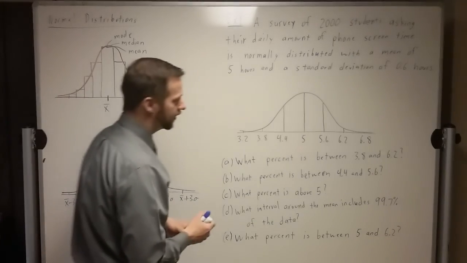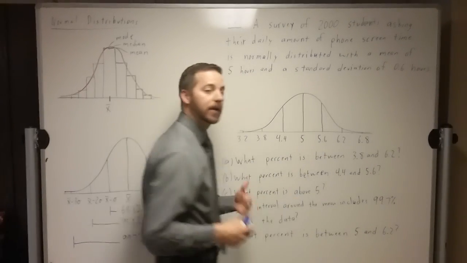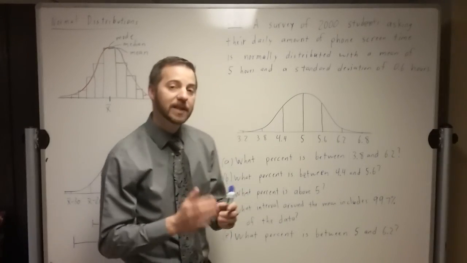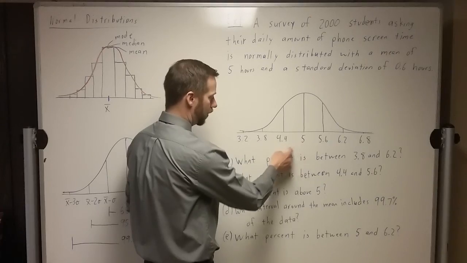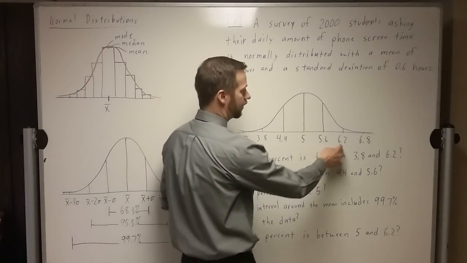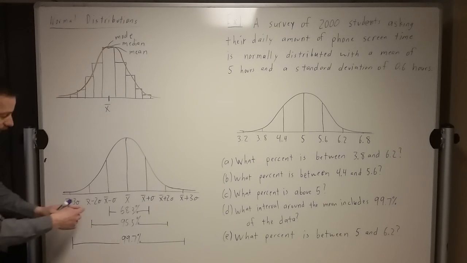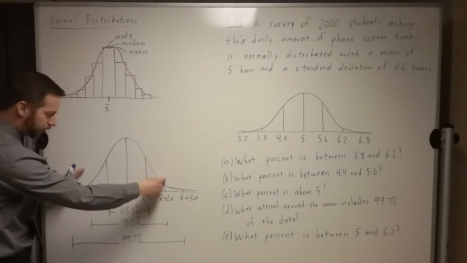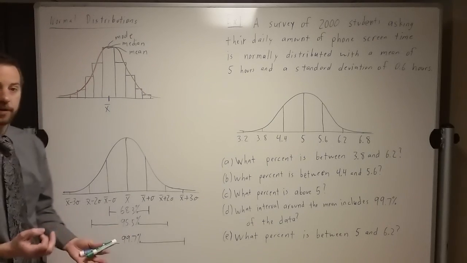So what percent is between 3.8 and 6.2? Now here's what we have to think about. How many standard deviations did we go away from the mean? Did you notice we went 1, 2 standard deviations this way, 1, 2 standard deviations this way? Now looking back over here, if we go 2 standard deviations both directions from the mean, that includes 95.5% of the data.